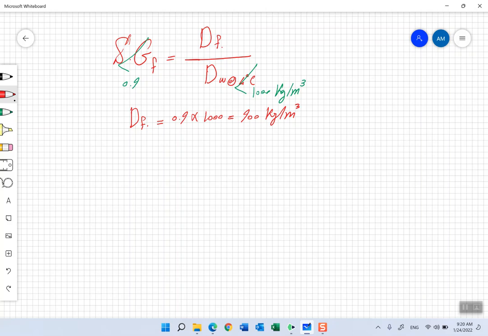The thing that you should notice in the hydrometer experiment is that you have several hydrometers. As you can see here, we have 1, 2, 3, 4, 5, 6, 7, 8 hydrometers. So which hydrometer should you use?